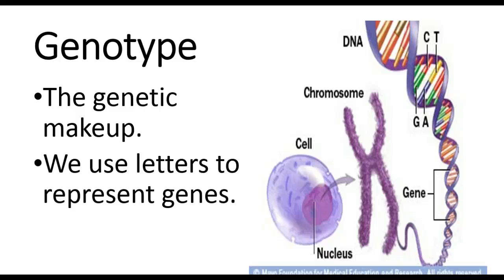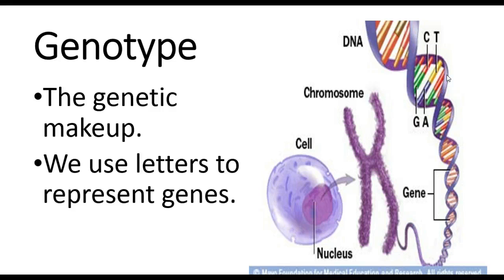Genotype is a little different. Genotype explains the genetic makeup of a person. Remember that our chromosomes contain genes, and those genes are inside of our cells, which is inside of our body. I don't know what your genotype is. I don't know what's on the inside of your body.